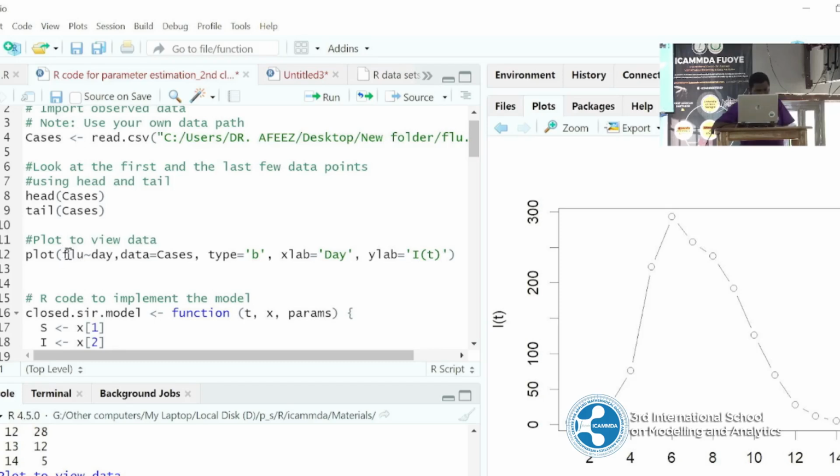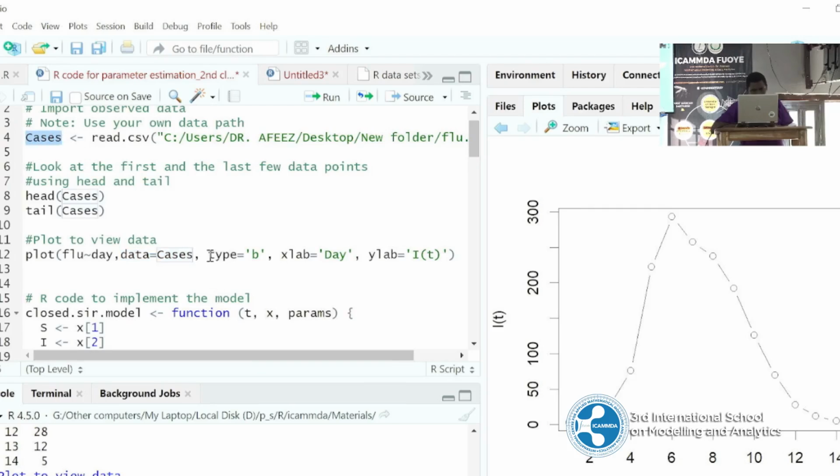If you use this way of plotting, this will be the y-axis against what? X-axis. Are we together? So the name of the y-axis, tilde, the name of the x-axis. Are we together? From what data? From data named cases.